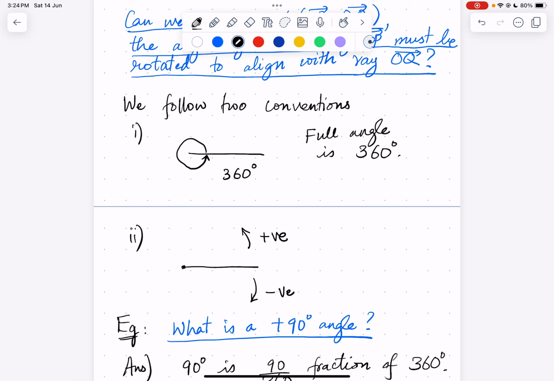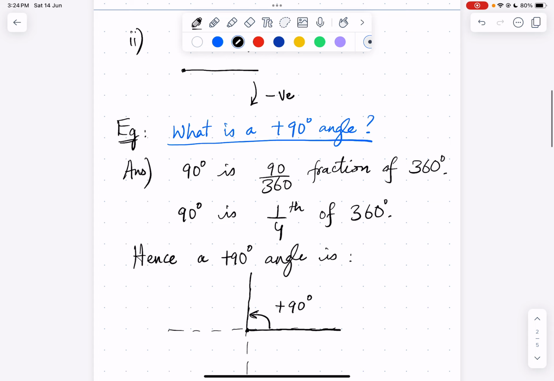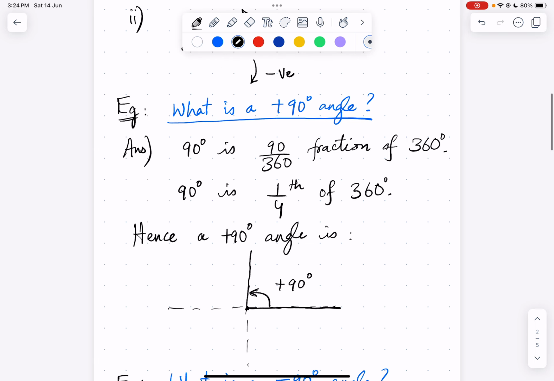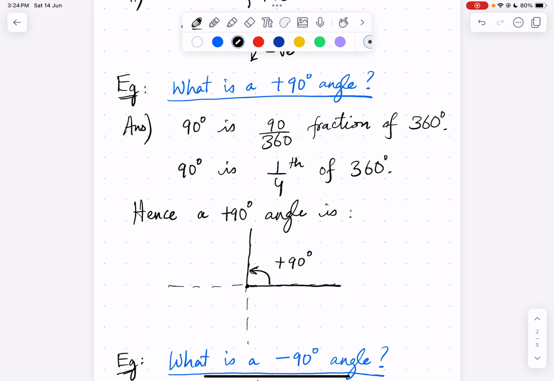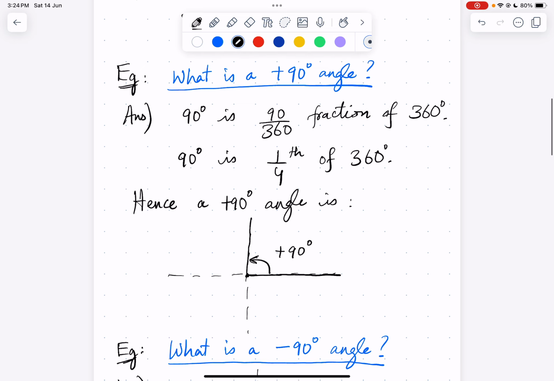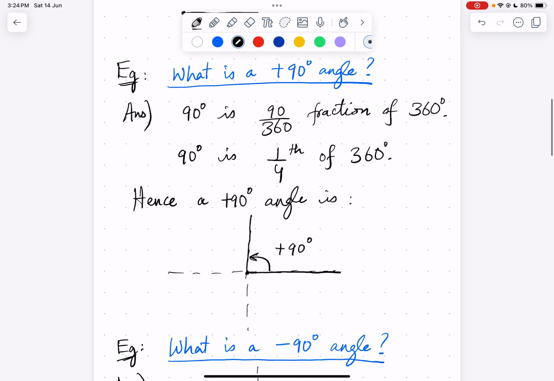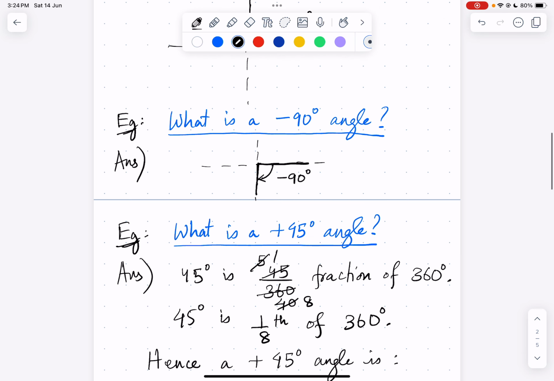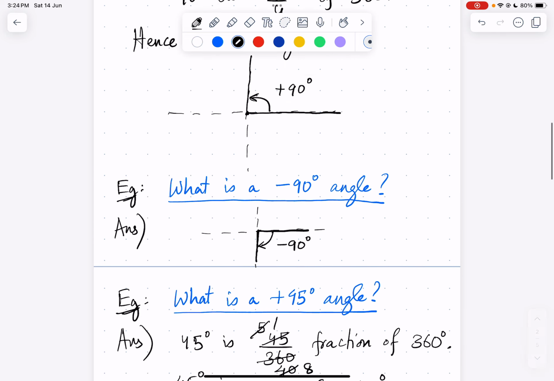So for example, a 90-degree angle is just 1/4 of a 360-degree angle. So this is a plus 90-degree angle, and the rotation is in the positive direction, the anti-clockwise direction. Similarly, a minus 90-degree angle is this rotation in the clockwise direction, and the amount is 1/4 of a full rotation.